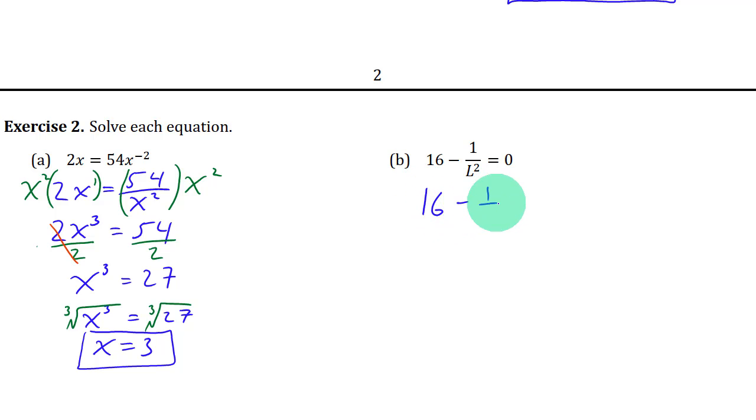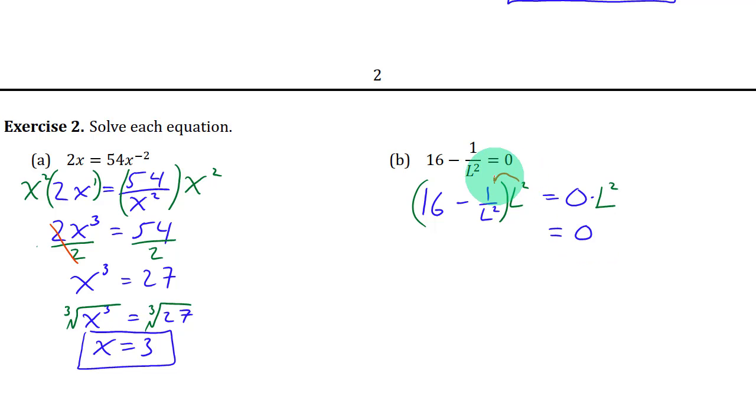I'm going to take 16 minus 1 over L squared, multiply the whole thing by L squared, and then on the other side, we're going to take 0 times L squared. And 0 times L squared is just 0, so that was easy.